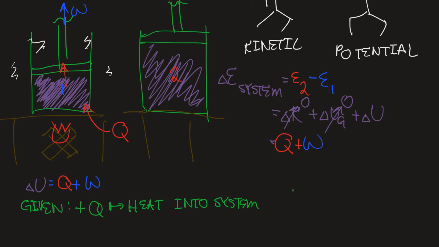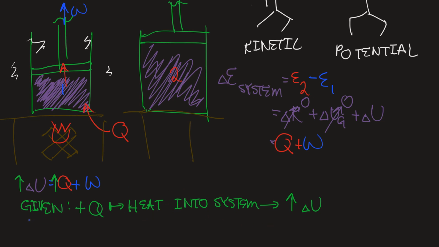So if there's heat added, then the molecules are moving faster, so the sensible energy, or the kinetic energy of the molecules, are increasing. So we expect that the internal energy is positive. So if Q is positive, so if it's increasing, then we expect that delta U is positive and increasing. So that checks.